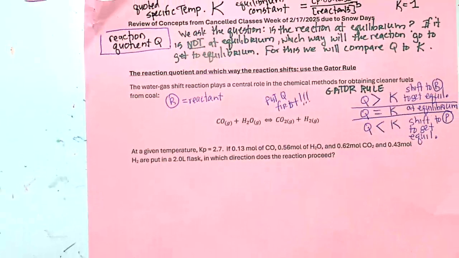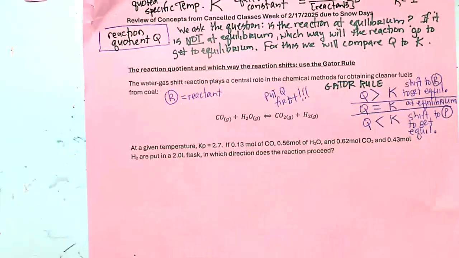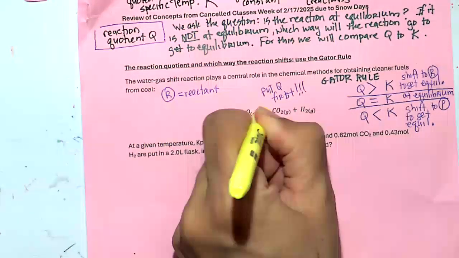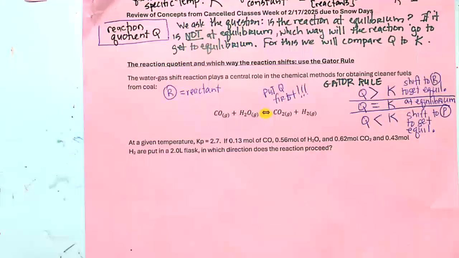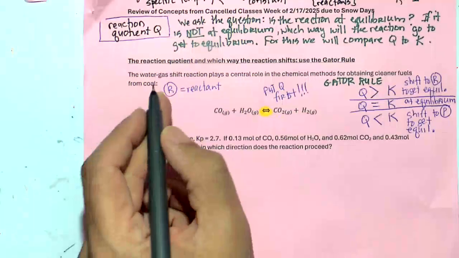All right, so the equation is here. Are we at equilibrium? Is this an equilibrium reaction? Yes or no? Okay, we are at an equilibrium reaction. So this reaction is at equilibrium. And it's asking at a given temperature Kp.